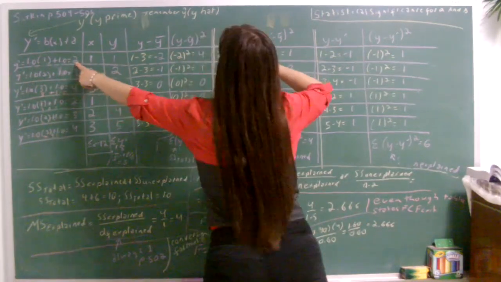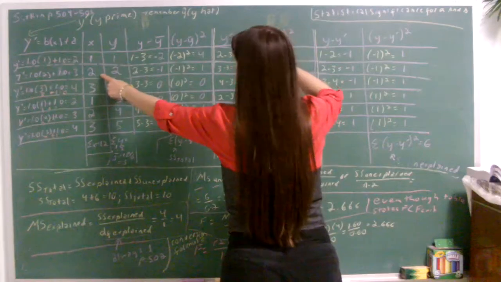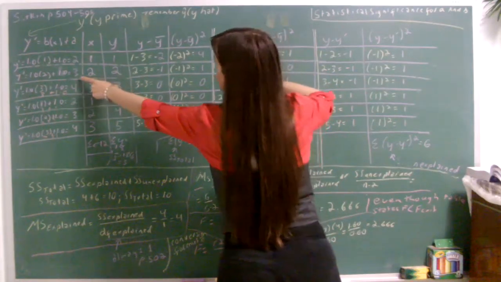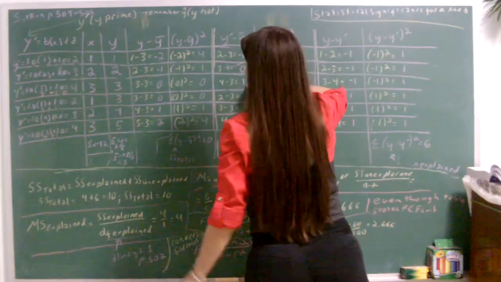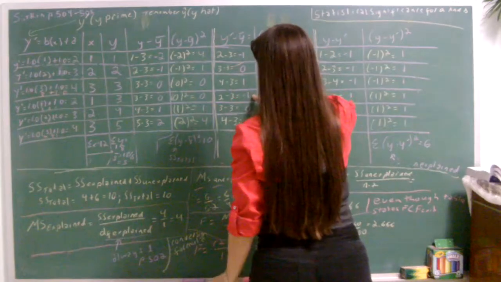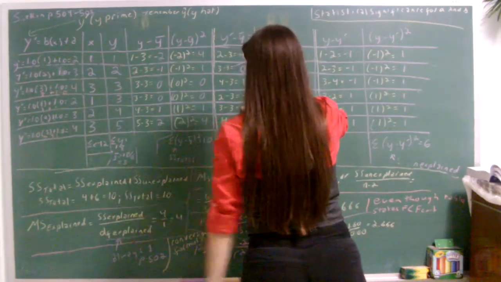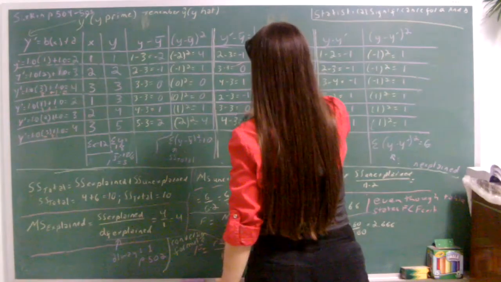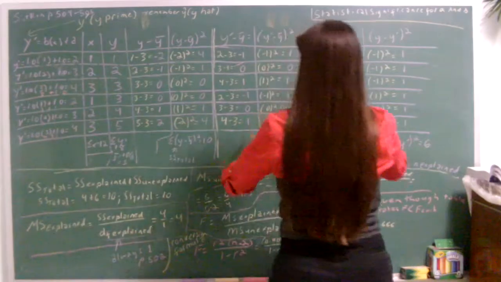So it's 2 minus the mean of y of 3 equals negative 1. The next one is 3 minus 3 equals 0. 4 minus 3 equals 1. 2, because we're working across here, minus 3 equals negative 1. 3 minus 3, that's the mean of y, equals 0. And 4 minus 3 equals 1. There's the 4. I'm working across.